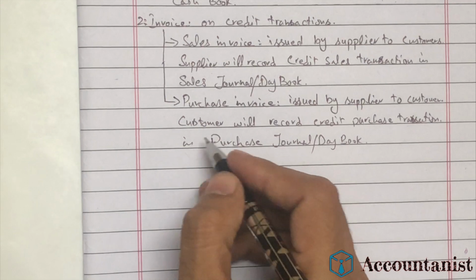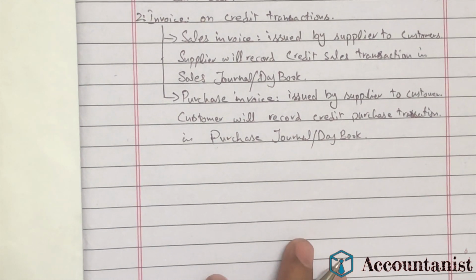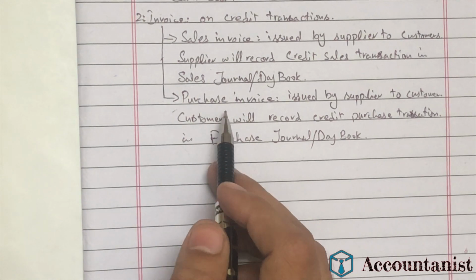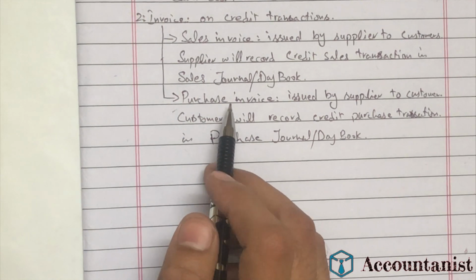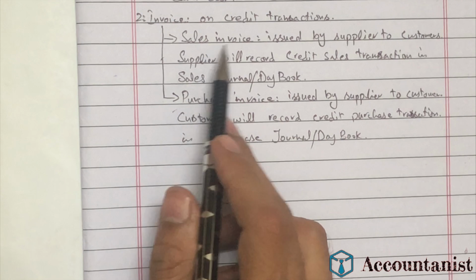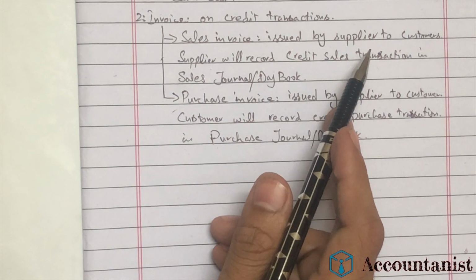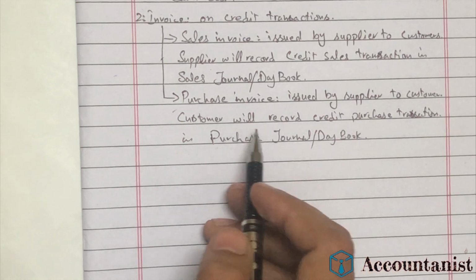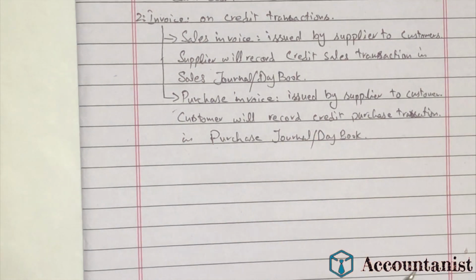That's where they record this transaction. The sales invoice and the purchase invoice are the same document. The only difference is that one relates to credit sales from the supplier's perspective, and the other to credit purchases from the customer's perspective.